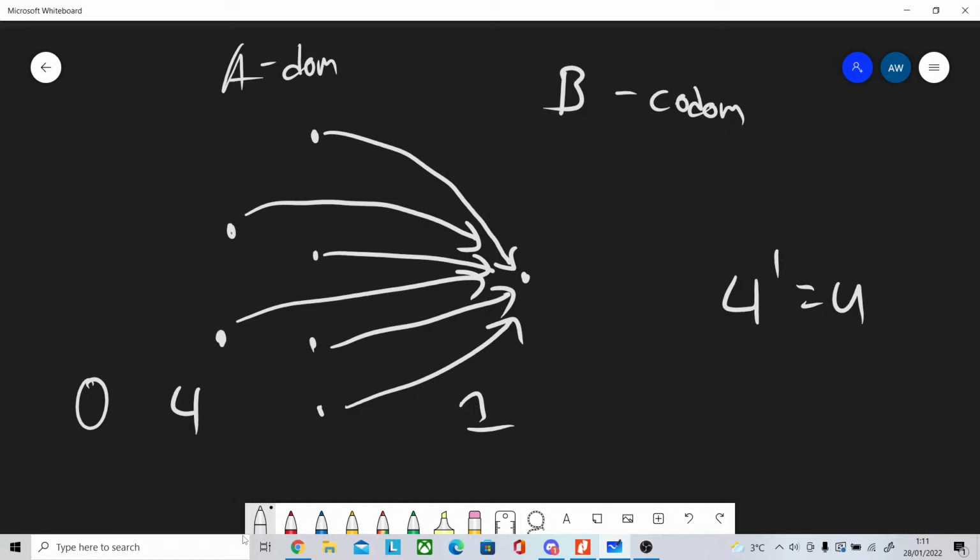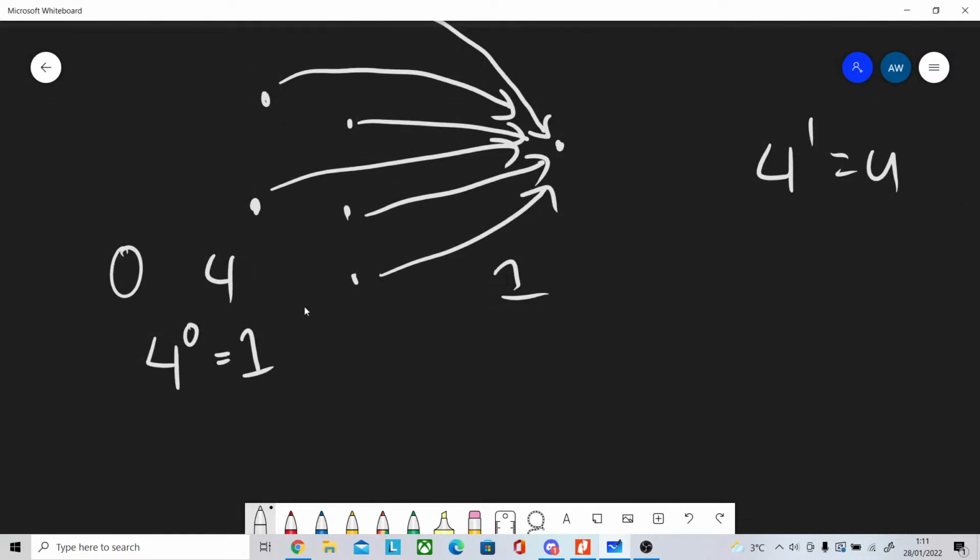Wait, what was it again? Right side to the power of left side. Yeah, right side to the power of left side. So if you have 0, 4, then it's right side to the power of left side, which is 1. Wait, anything to the power of 0 is 1, right?